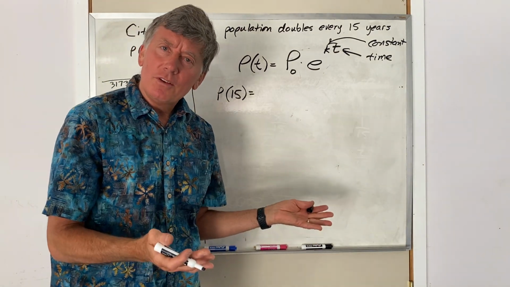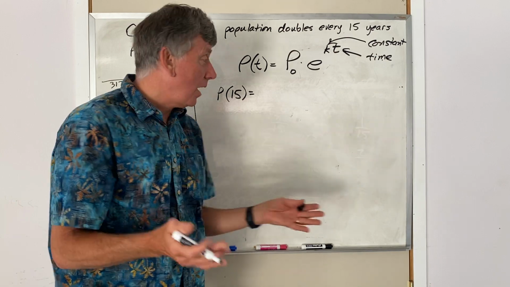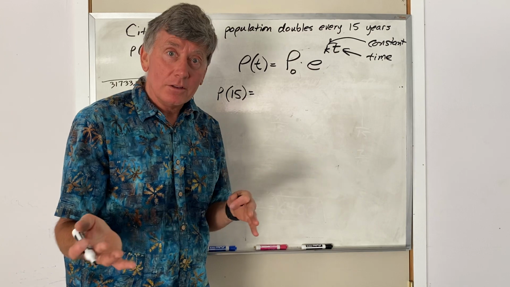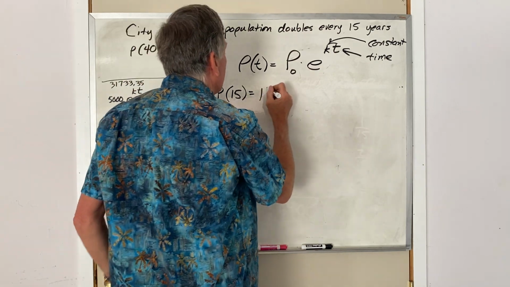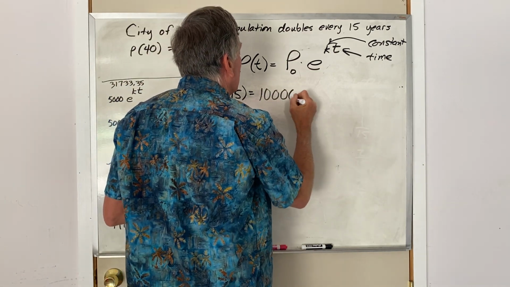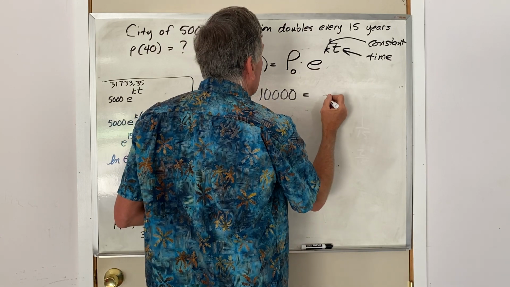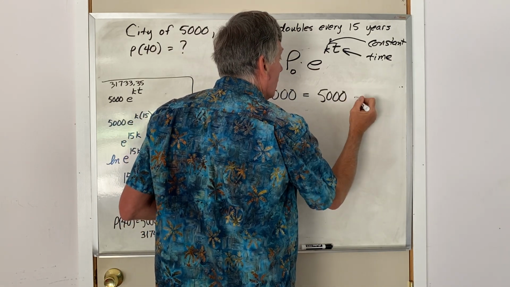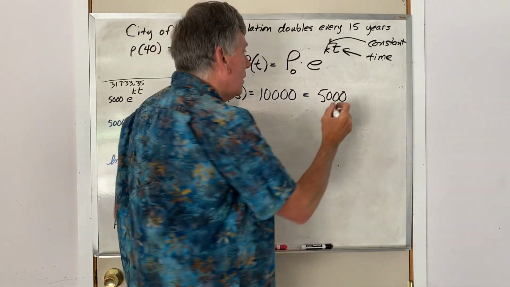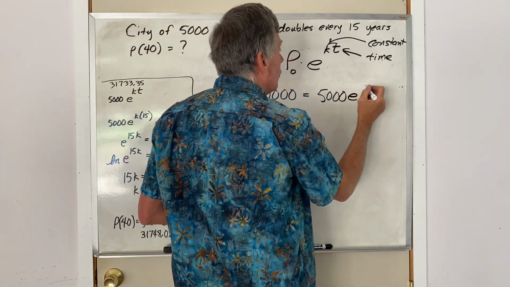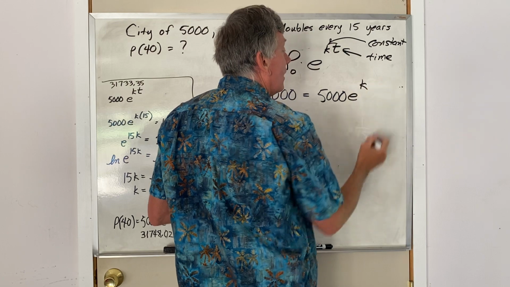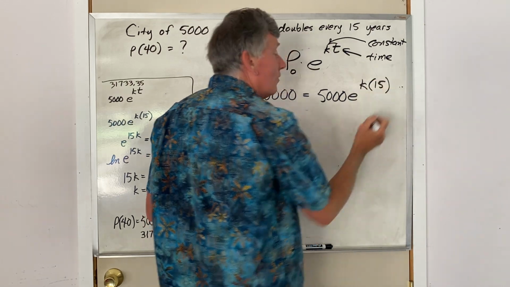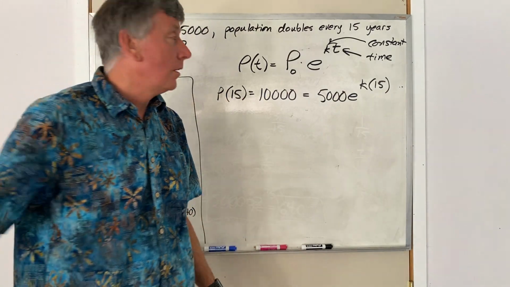It doubles every 15 years, so my population is going to be 10,000. 10,000 is equal to my initial population, which is 5,000, times e to some constant that I need to solve for times 15. 15 is the number of years.